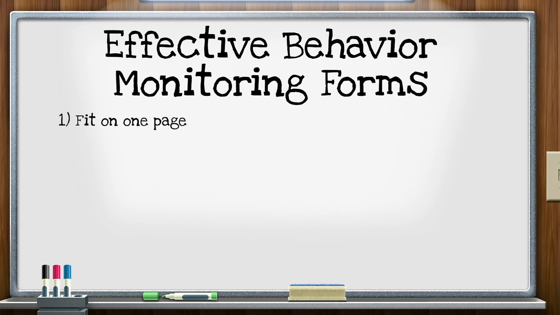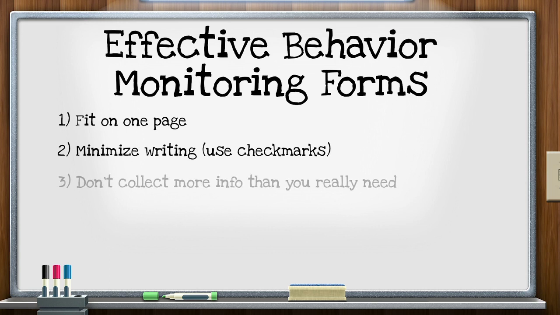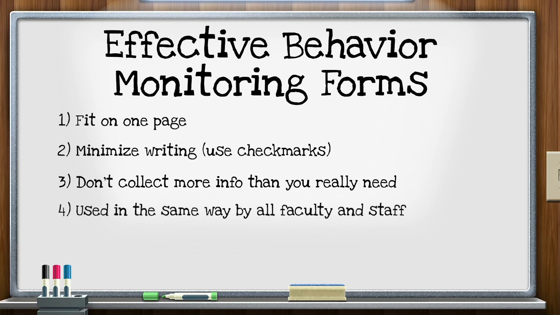For simplicity, it's best to have the form all on one page, to require as little writing as possible, and to limit the amount of information, focusing only on what's most important. For accuracy, everyone needs to use the form in the same way and agree on the definitions of problem behavior.